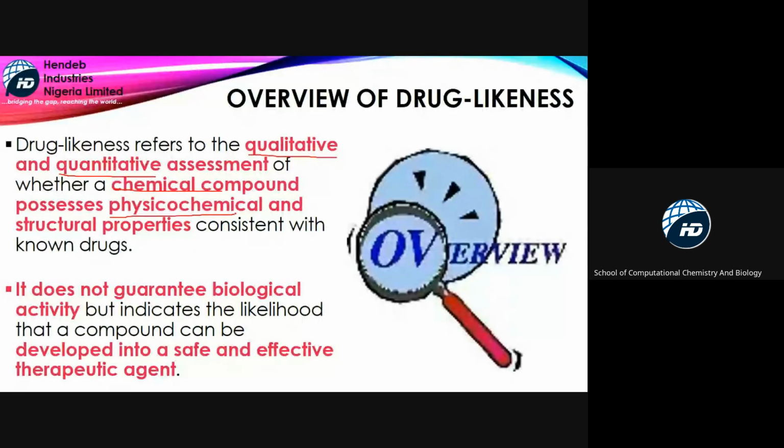We now come to the conclusion that all these drugs have something in common based on their properties, and that is to say that for you to be a drug, you must also have these properties in common. If you don't have these properties in common, you may not pass the drug development stage. So that is what we are going to look at today.